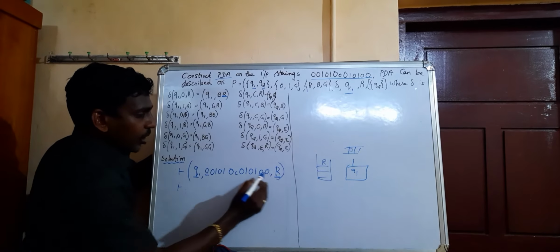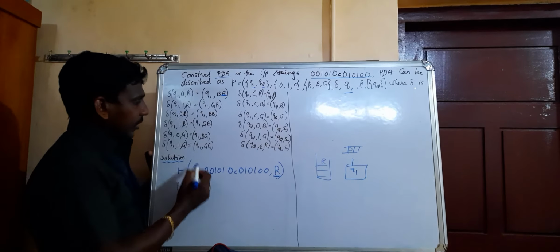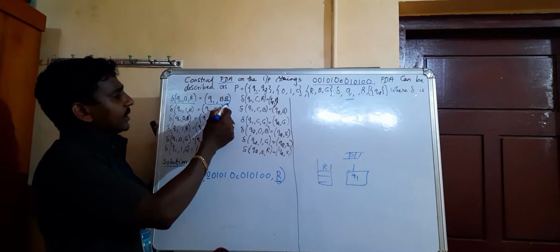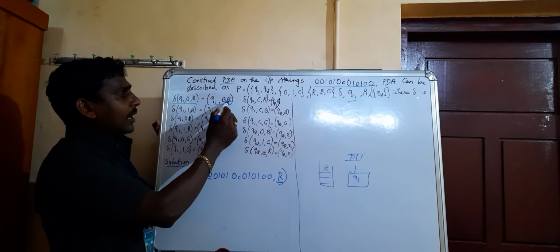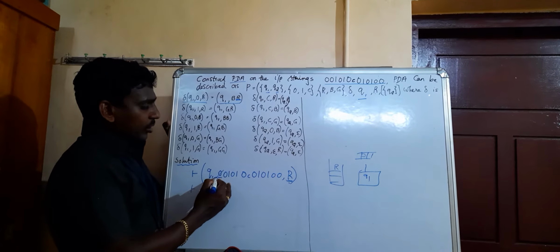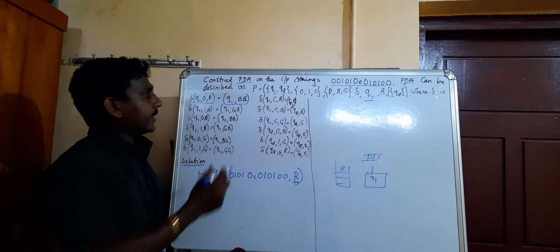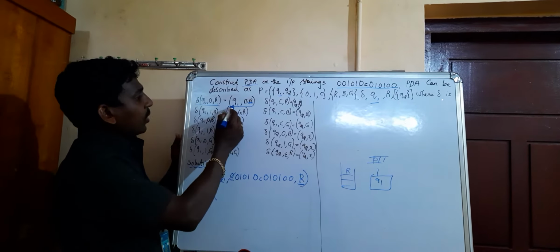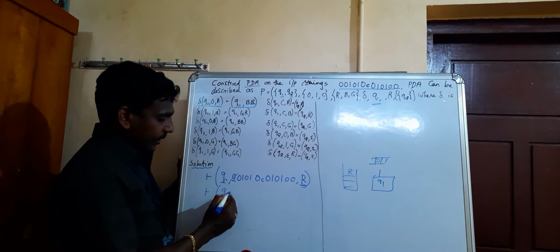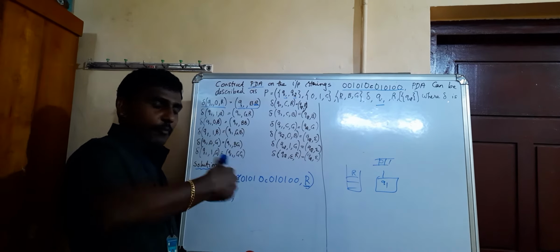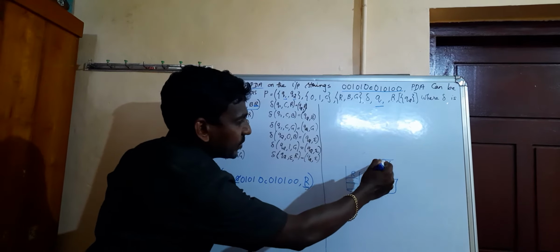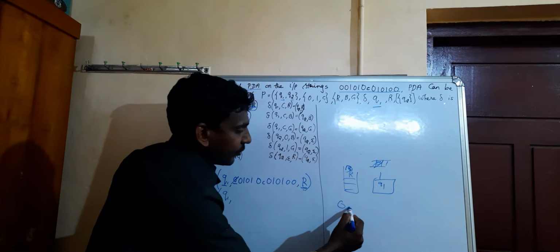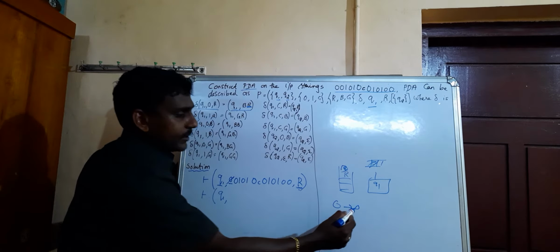So what is the result of the transition function Q1, 0, R? State Q1, R is already there, and this 0 is converted into B and pushed into the stack.